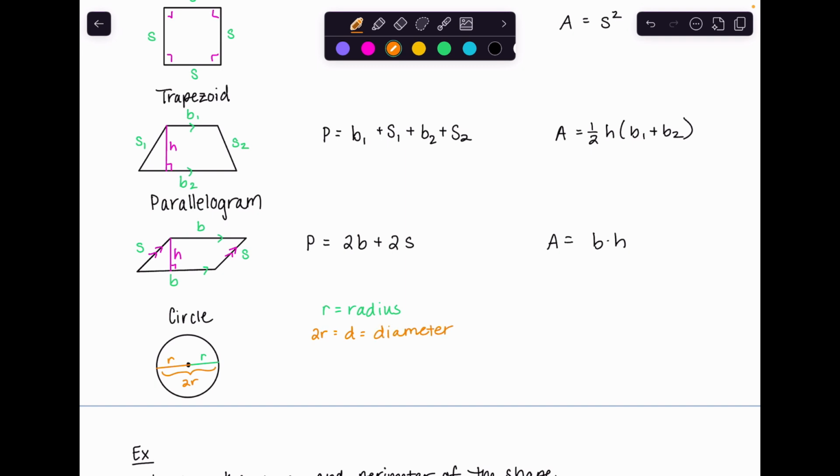Okay. When I talk about perimeter, I don't like to use that same word because again, I don't have the sharp edges. So instead, this is called our circumference. But it is like the perimeter. Okay.